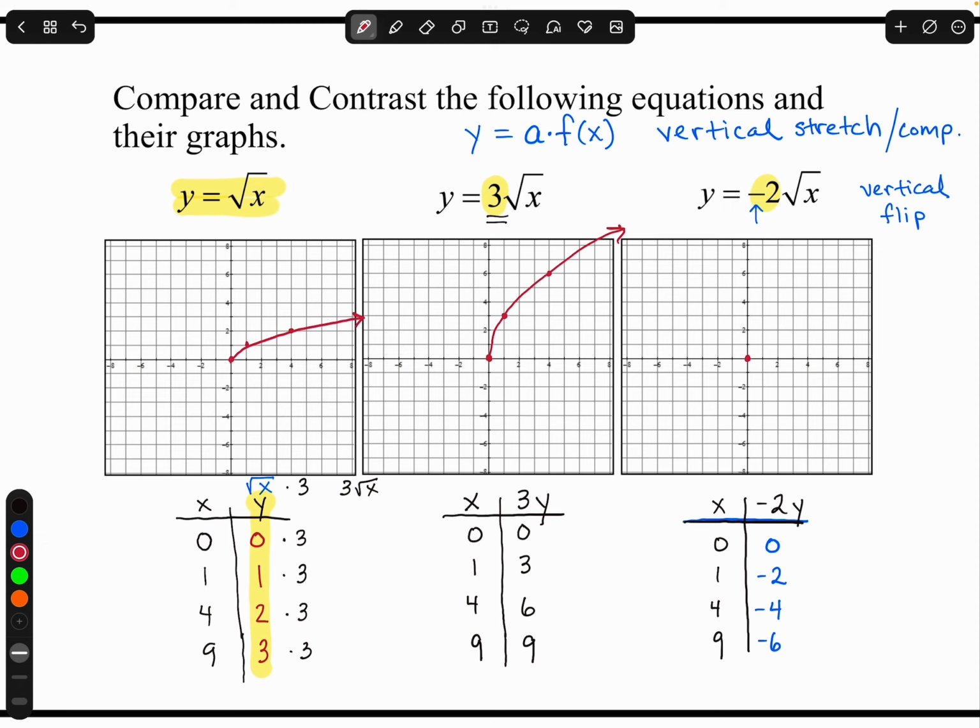We've got 0, 0, 1, negative 2, 4, negative 4, and then 9, negative 6 would be somewhere down here. But we can see now how it's made our shooting star go downward instead, shooting out that way. But it also still has a little bit of a stretch.